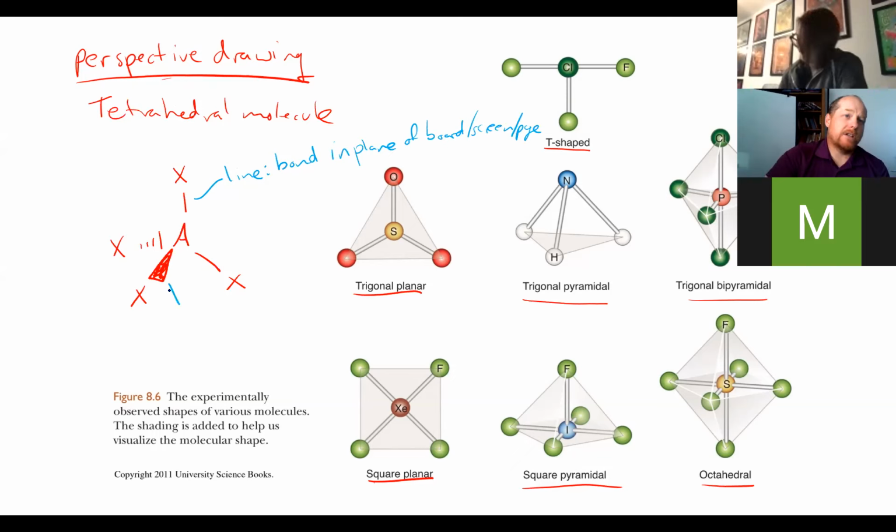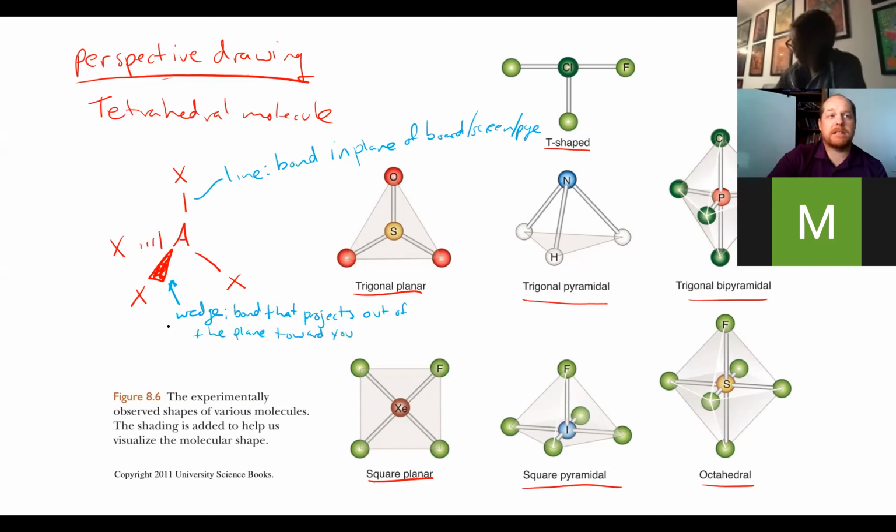If you have a wedge, and this wedge should always be filled in, the wedge is a bond that projects out toward you. Right, that projects out of the plane of the page, toward you.